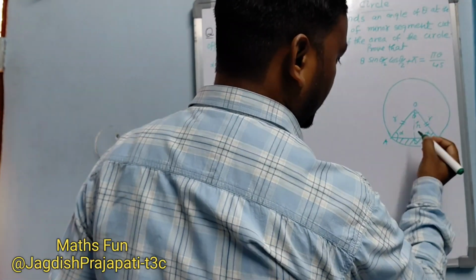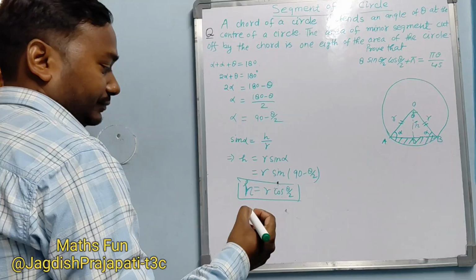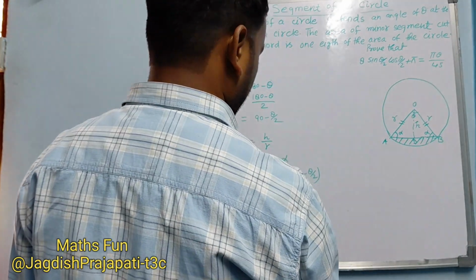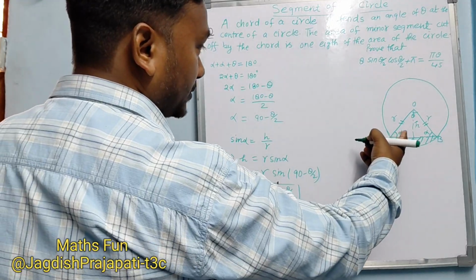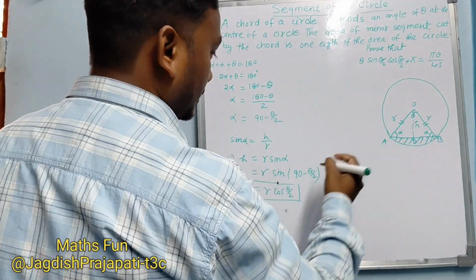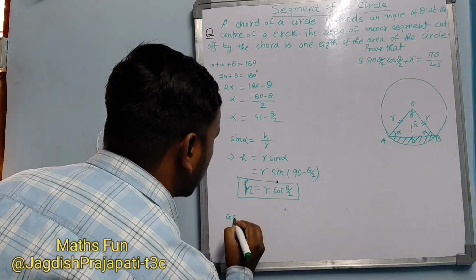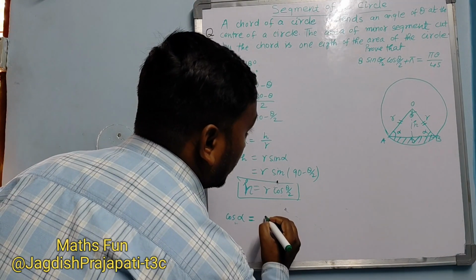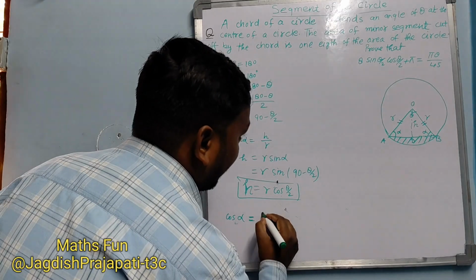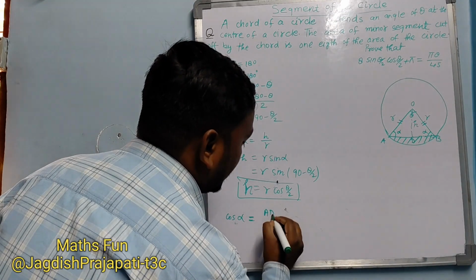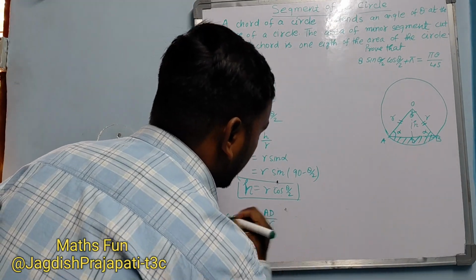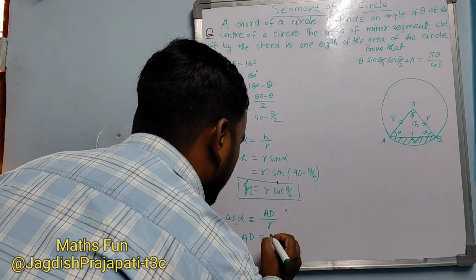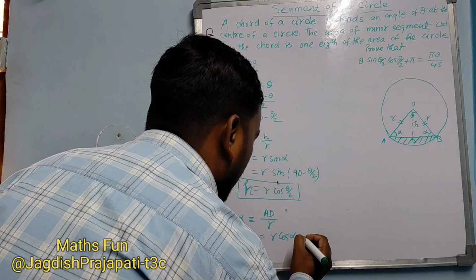Let's say this is D. Again you use cos. So cos alpha equal to AD upon R. This implies AD equal to R cos alpha.